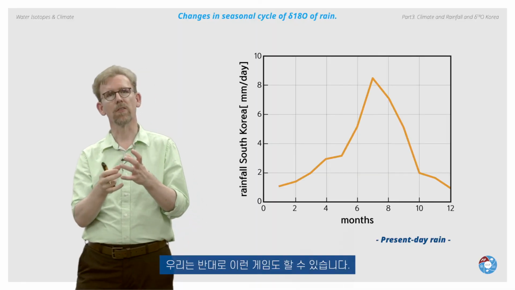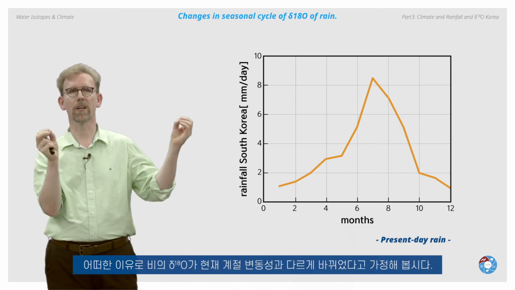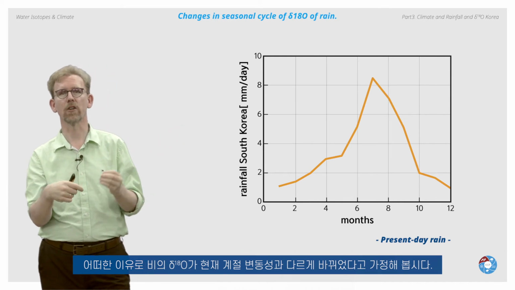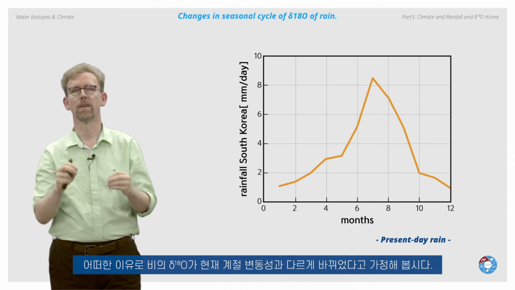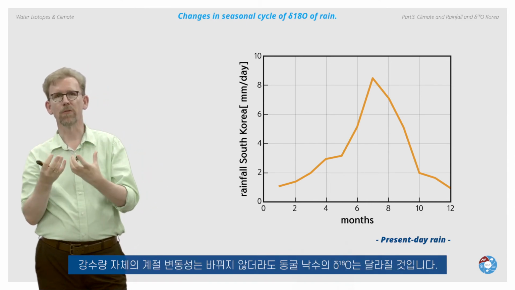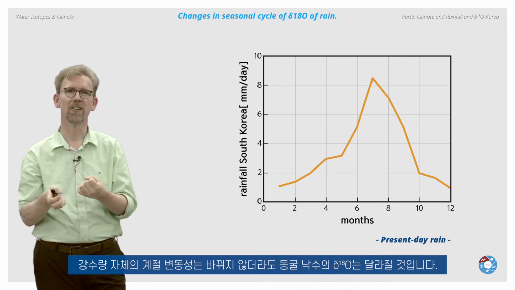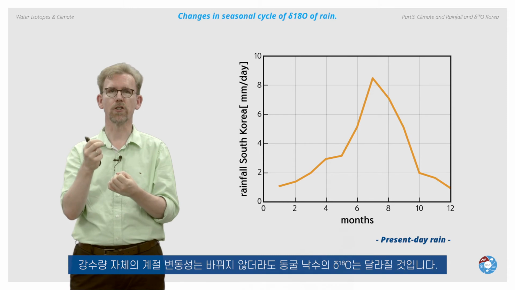We can also play this game the other way around. Let's assume for some hypothetical reason the d18O of rain has changed from the present day seasonal cycle to a different one. Even if the seasonal cycle of rainfall itself did not change, the d18O of drip water in the cave would change.